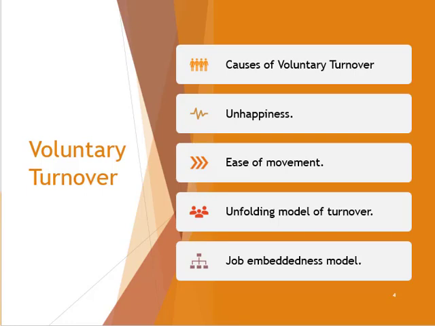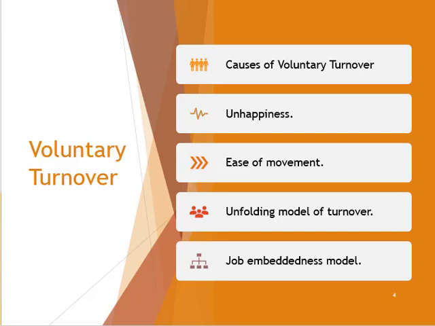Another factor to consider is this ease of movement. If there is availability of alternative jobs that are competitive in terms of what they offer employees, then employees may weigh their options and look to explore how to advance their careers through these opportunities.